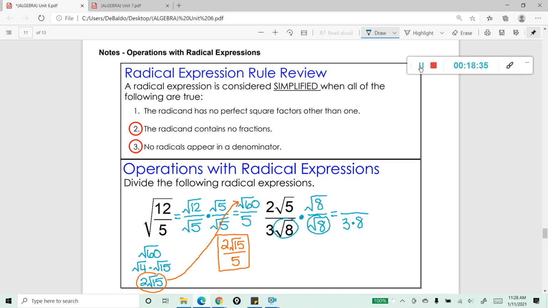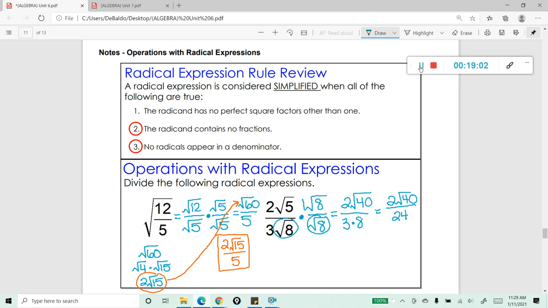Do you see that? Now before we simplify that, let's go ahead and do the numerator. So I have 2 times that invisible 1, so just 2. And then I'm going to multiply my radicals to give me root 40. Now keep going. I have 2 root 40 over 24.